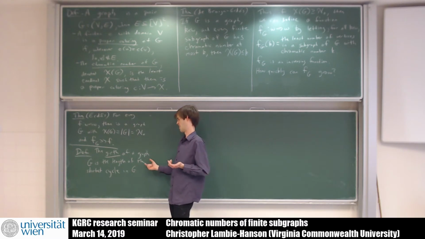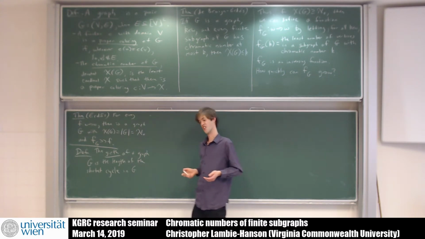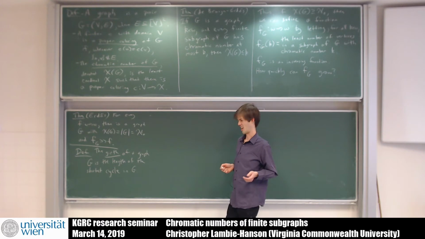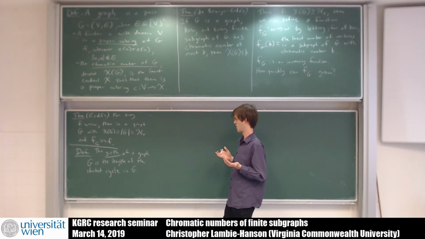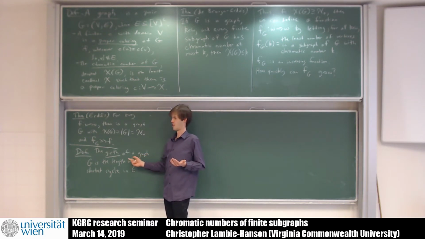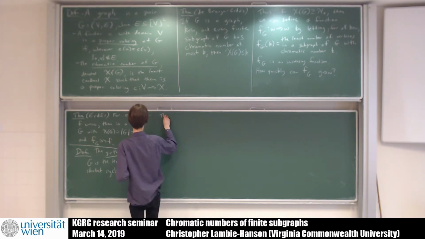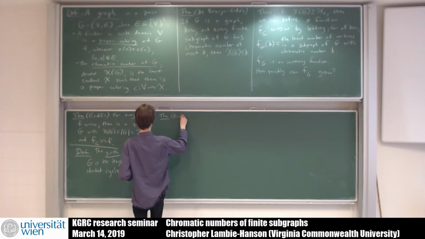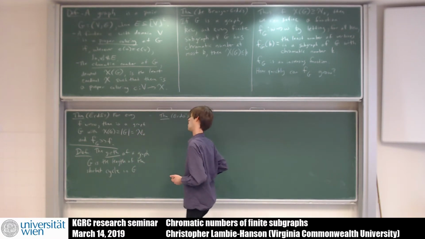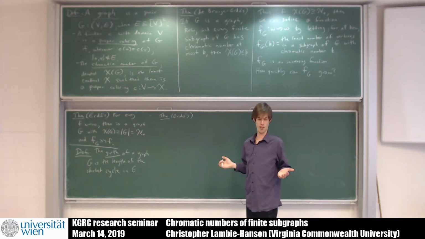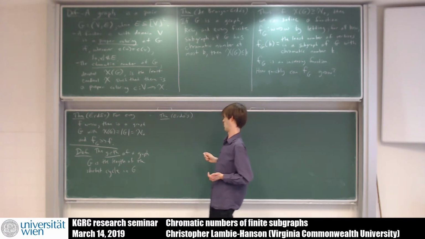Easy exercise: if a graph has no cycles, then its chromatic number is 2. In fact, if a graph has no odd cycles, its chromatic number is at most 2. So there were some questions in the early days of graph theory about whether you can get graphs with large chromatic number and high girth. And Erdős proved this is true. I'm going to state the version of this result for countable chromatic graphs.